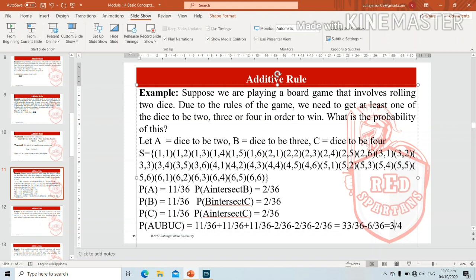So, 0.75 yung probability natin. Yan. For this question or example.